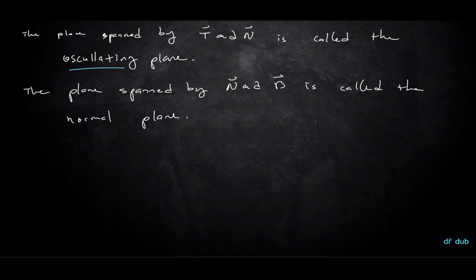Basically, the normal plane would be perpendicular to the curve the entire way, and the osculating plane would be tangent to the curve the entire time.